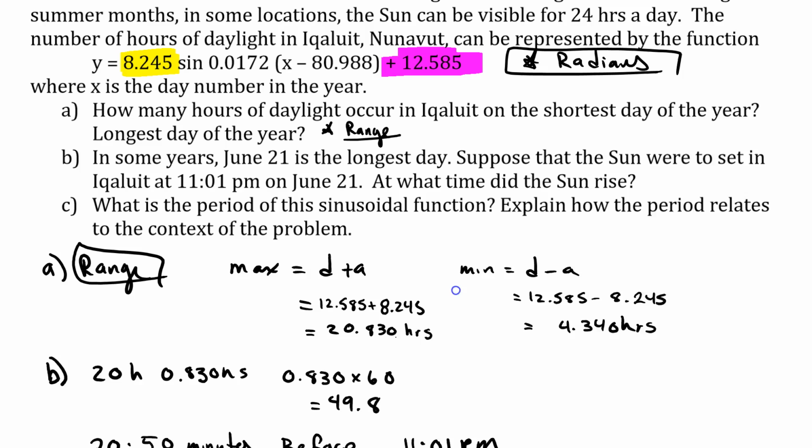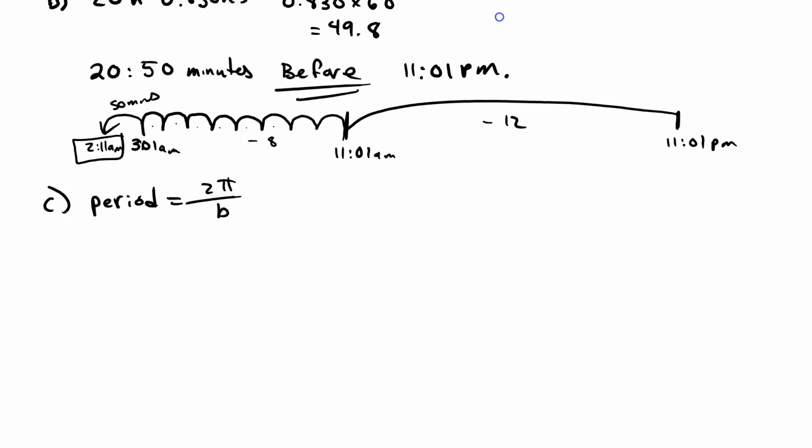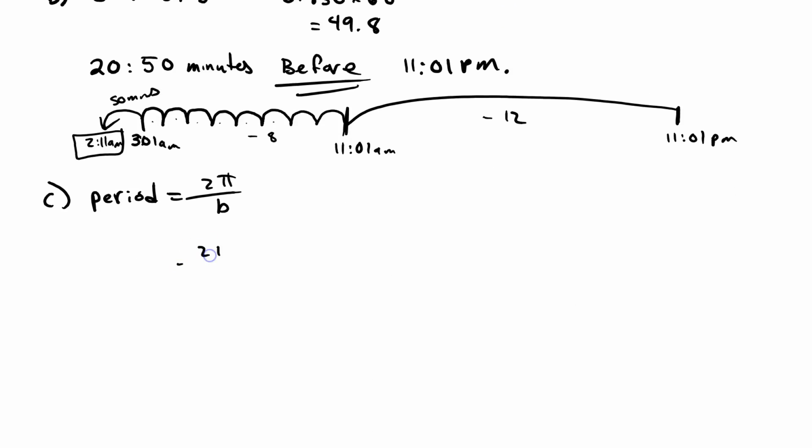Let's just check to see what our b is here. And our b is going to be this value right here, 0.0172.